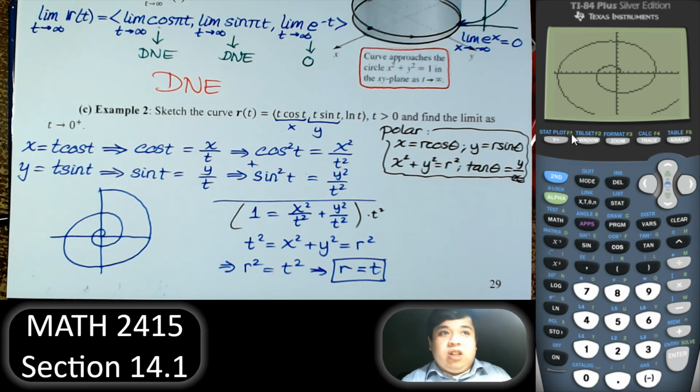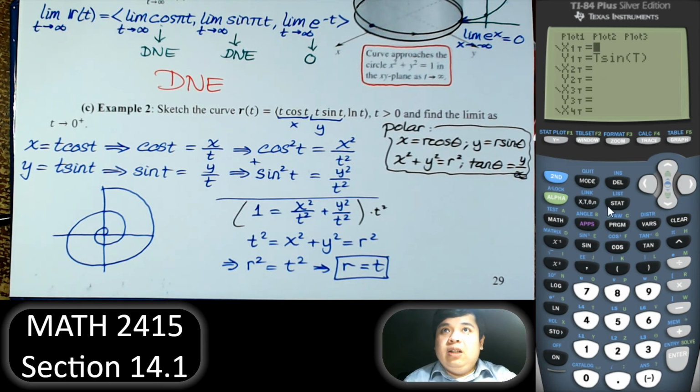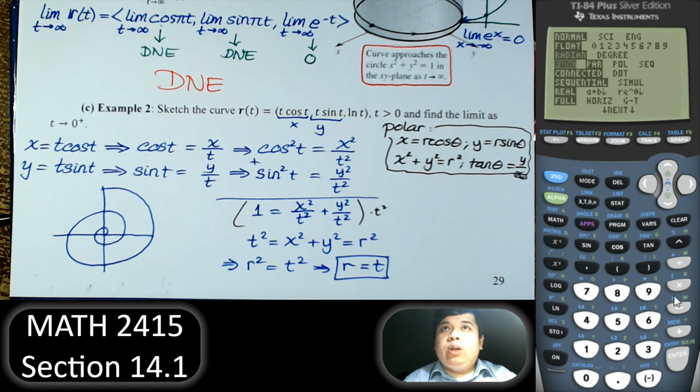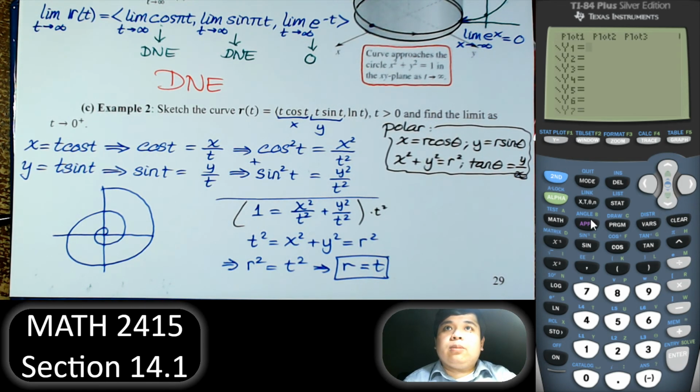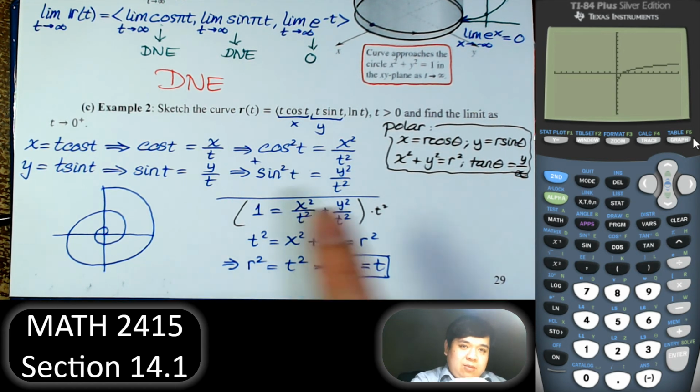Now if we look from the side, what do we see? Let's look at z equal to ln of t. Now we'll go back to function mode and look at ln of t, ln of x. Now okay, that's good. Right, so it's like that.